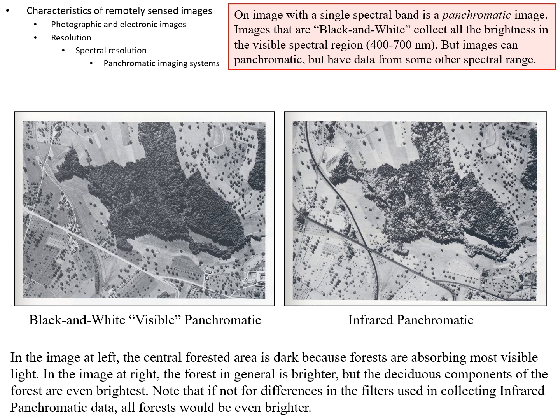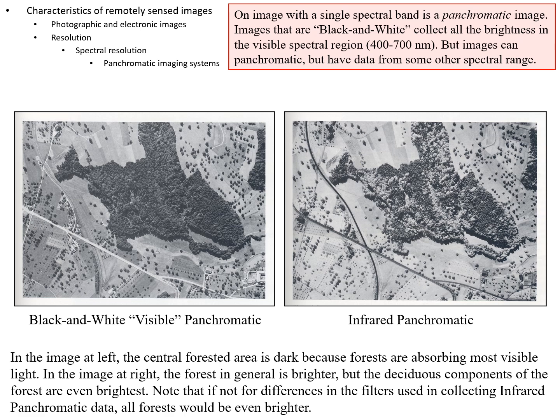To give you a sense for what different bands look like with different spectral characteristics, here I'm showing you a black and white visible panchromatic scene and an infrared panchromatic scene. So in both cases, they're one-band images.